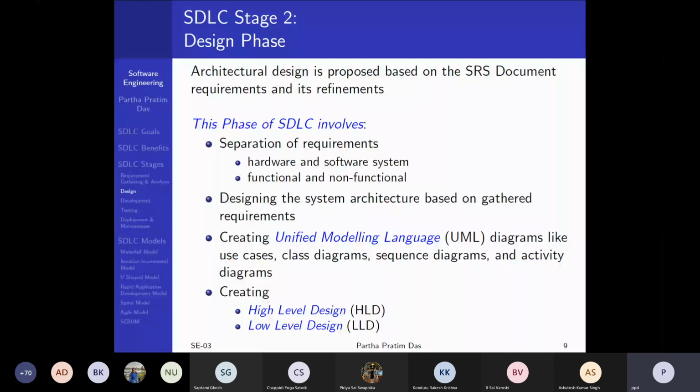So clarity of hardware and software system requirements is required in the design phase. Clarity of functional and non-functional requirements is required at this phase, which you'll have to document in the design document. So designing the system architecture based on the gathered requirements in the SRS is the mainstay here.